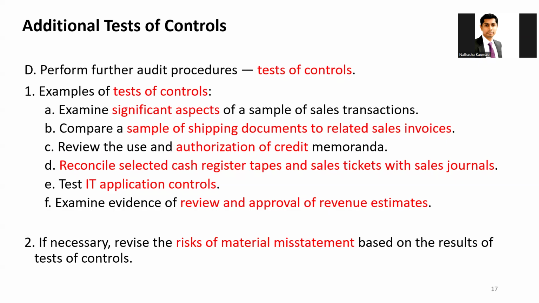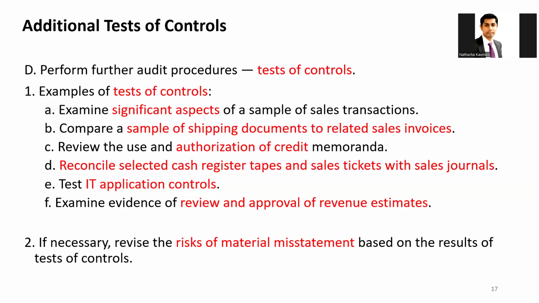Sometimes you will have to revise the previously assessed risk as well. Previously, you thought this is a less risky client because everything was in order, no problems, so less risky client. But based on the results of the test of controls, sometimes you will revise the risk of material misstatement.